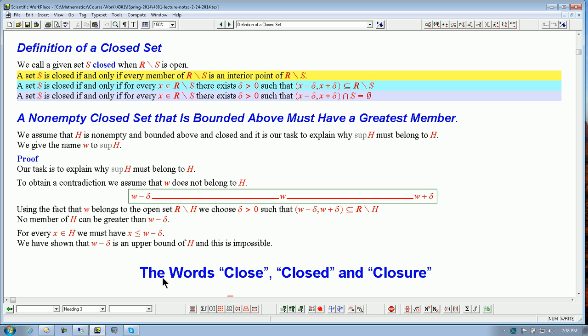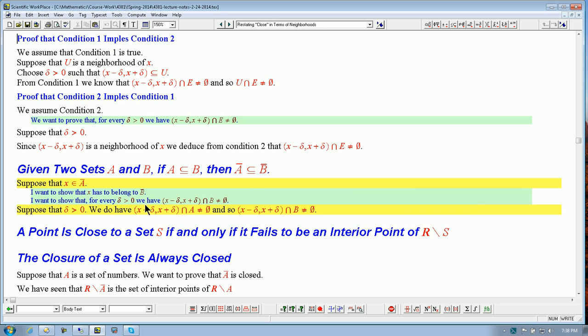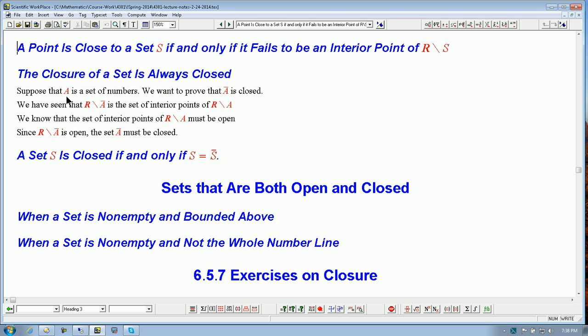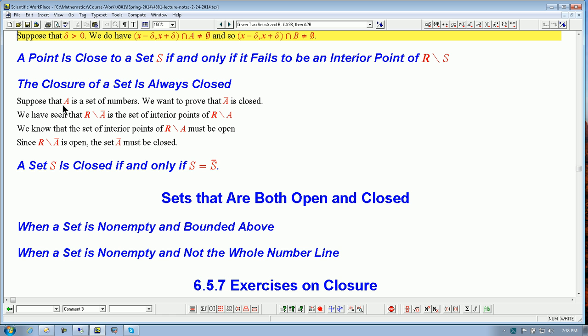So, okay, folks, here is a set called A. The complement of A bar, meaning what? That's the set of points that are not close to A. The complement of A bar is the set of interior points of that. The set of interior points of any set is always open.